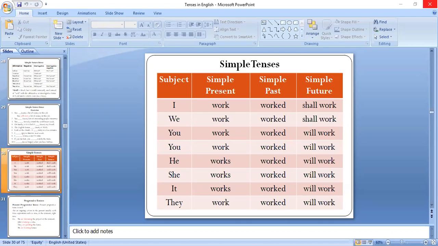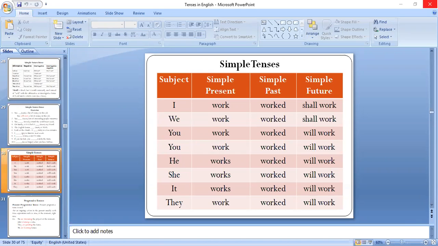And for they, the simple present is they work. We are not adding s or es suffix in the verb because they is the third person plural subject. Then in the simple past they worked, and in the simple future they will work.